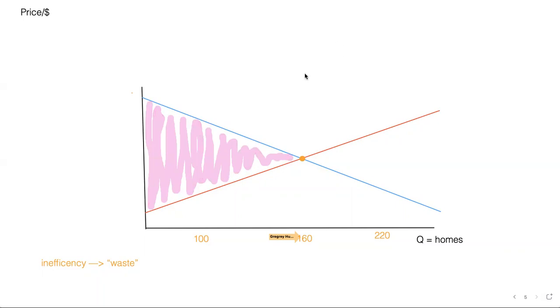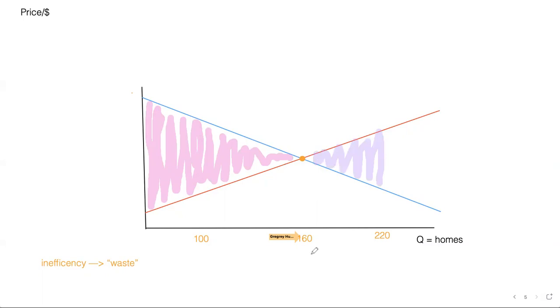And then if you go on the other side of the equilibrium, this ends up being negative total surplus, and there are efficiency losses.